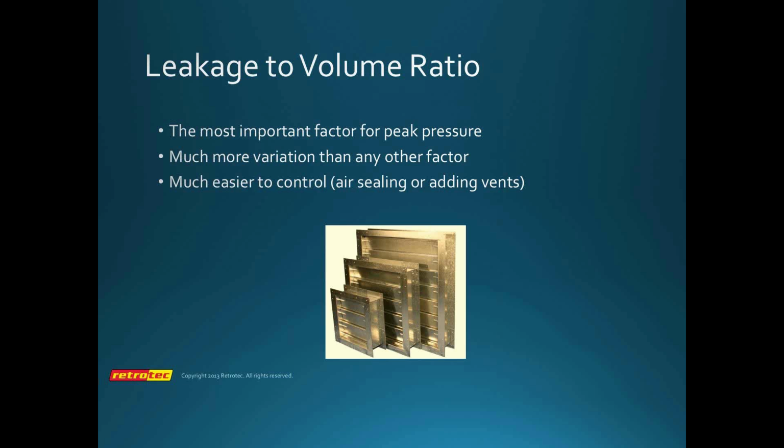So it doesn't really matter so much where the holes are in terms of peak pressure development, but it is very dependent on the leak to volume ratio. Unless you're dealing with very, very small enclosures where the walls have a big effect, but most of our enclosures are much bigger than that, so really it's the leak to volume ratio that affects it.